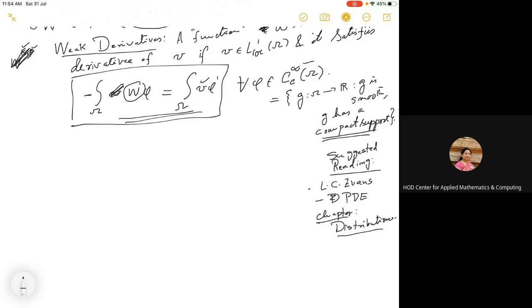It's not the distributions in statistics. Distributions in functional analysis means generalized functions. Things which are not functions, but we still try to identify them with a function. Okay, so let's get back to the problem.